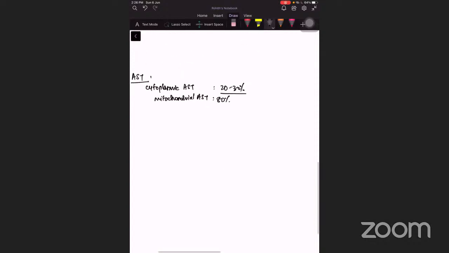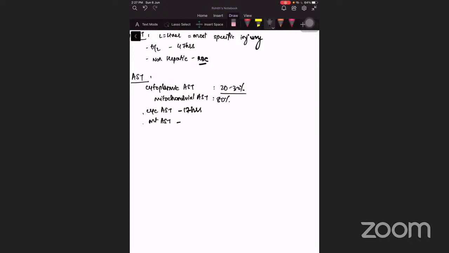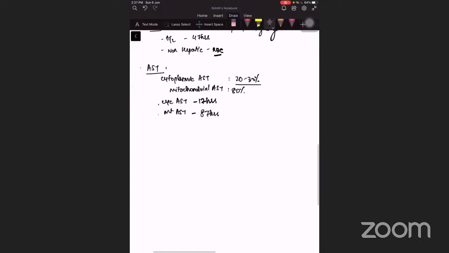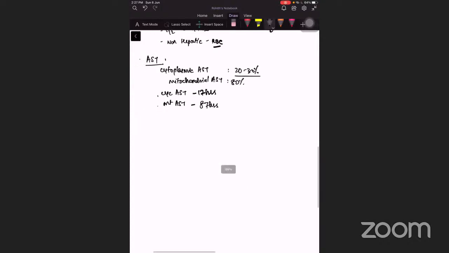The half-life of each of these is different. The cytoplasmic AST and the mitochondrial AST have a different half-life. For this, it is going to be 17 hours. For this, it is going to be 87 hours. So how does knowing this help? I'll come to it. Whenever you have a mitochondrial injury, you can still have the mitochondrial AST being high, and it can be more in the circulation.